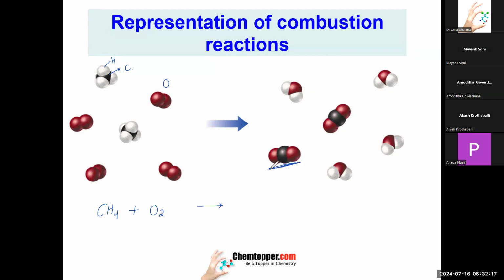Can you see it's linear? Yeah, CO2, remember it's linear. So can I say it's a combustion reaction? Right. And what is the shape of this molecule? Tetrahedral, yeah. And this one? Bent, good.